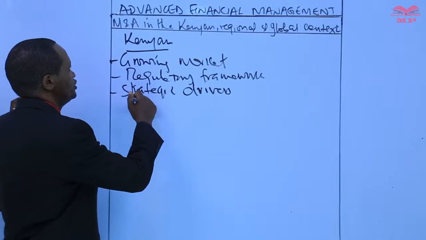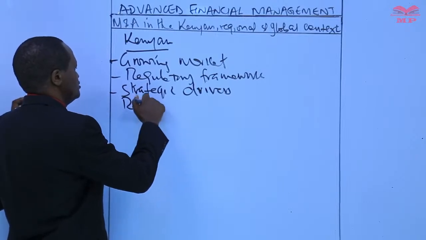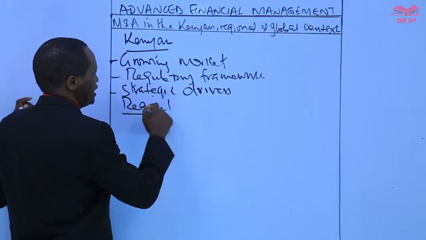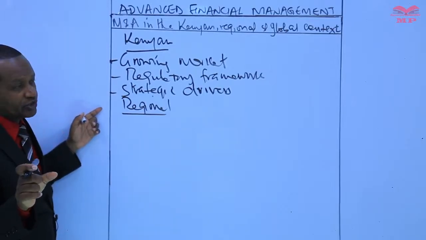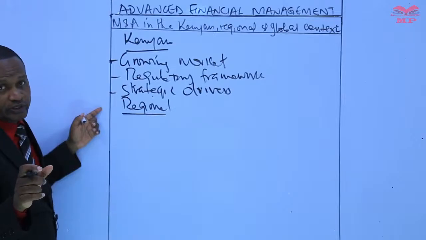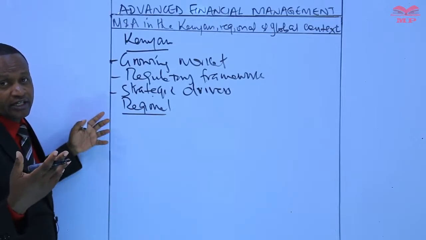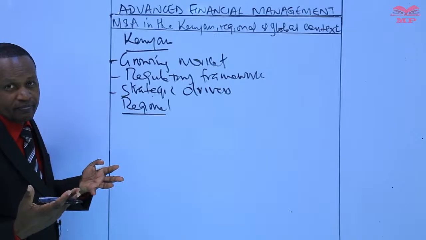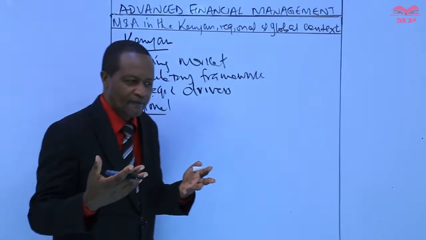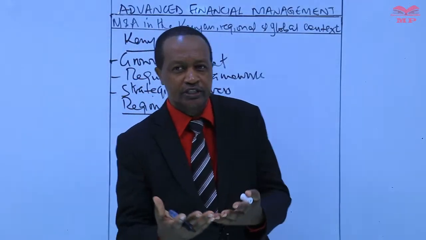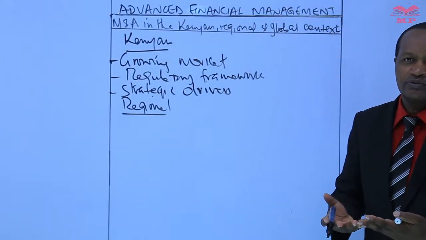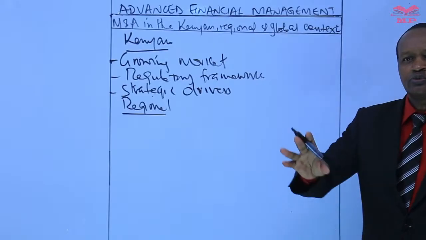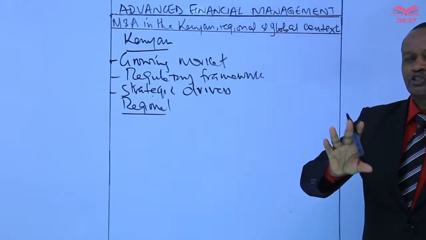Then you have the regional context. Mergers and acquisitions in the regional context. Here we are referring to the East African integration or community. The East Africa Community promotes regional integration, leading to increased cross-border mergers and acquisition activities.